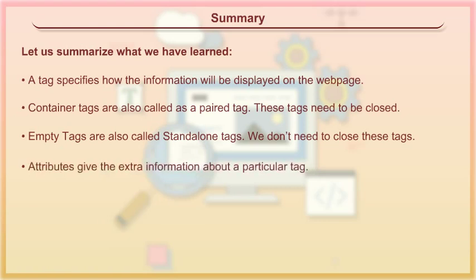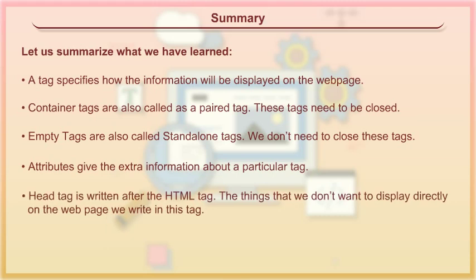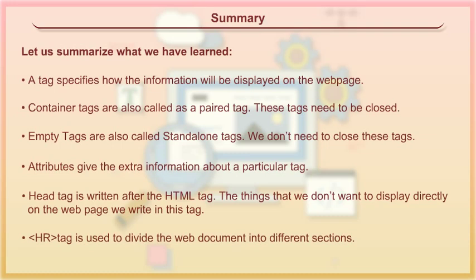Attributes give extra information about a particular tag. The head tag is written after the HTML tag. The things that we don't want to display directly on the web page, we write in this tag. The HR tag is used to divide the web document into different sections.